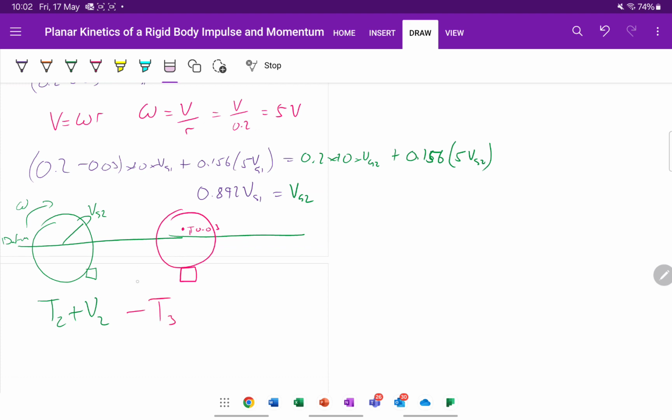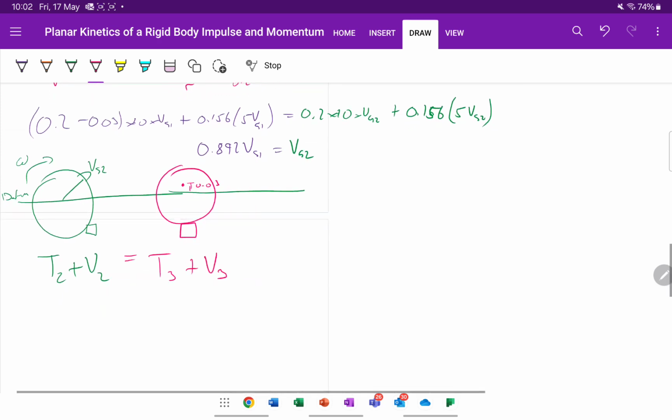And that shouldn't say plus, that should say equals. For this final stage we're talking about energy conservation, but the common piece is stage 2, because stage 2 is common to both, and we can use the two equations to work out the unknown.